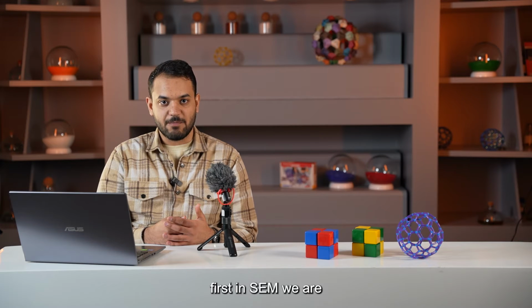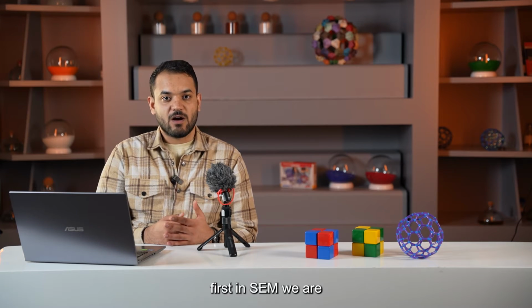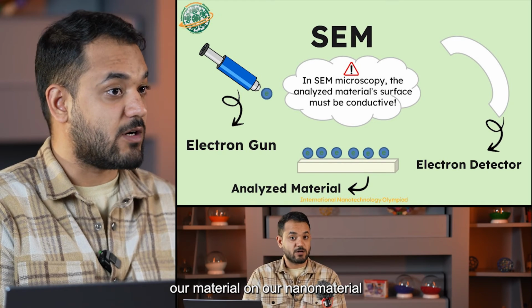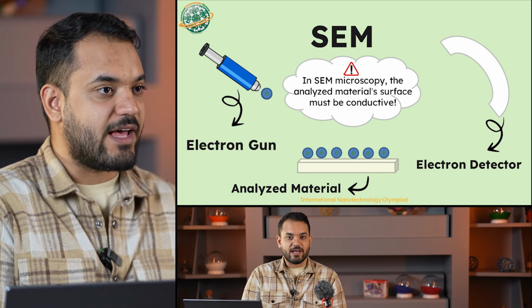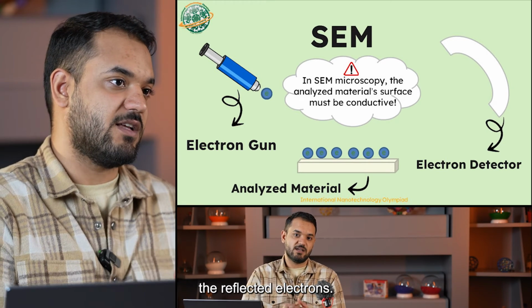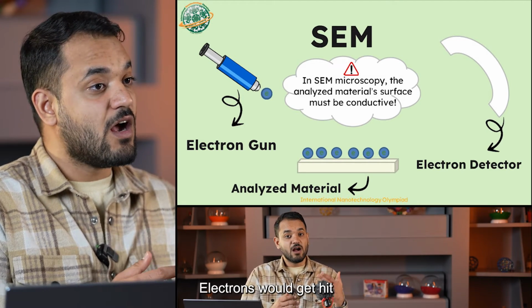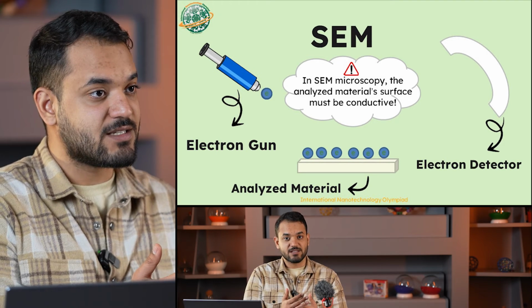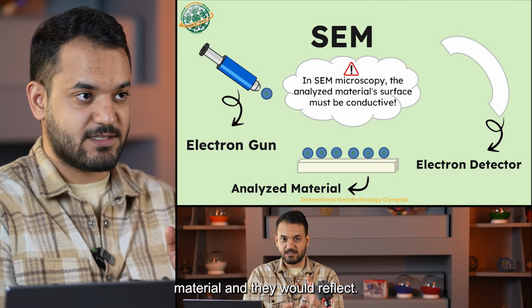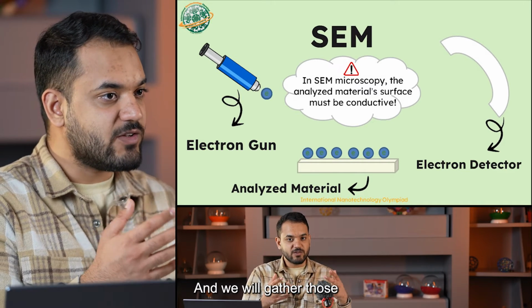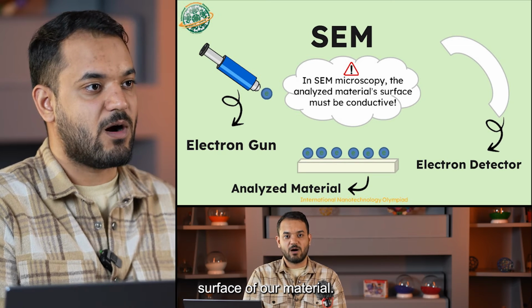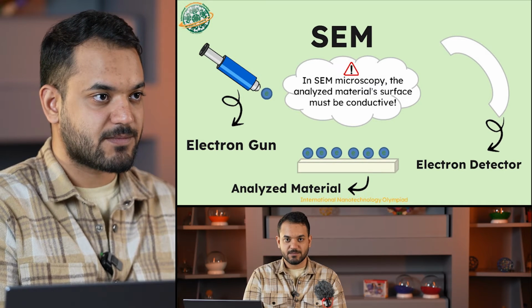In SEM, we are shooting the electron beams on our nanomaterial, and we want to observe the reflected electrons. Electrons hit the surface of our material and they reflect. We gather those reflected electrons to study the surface of our material.